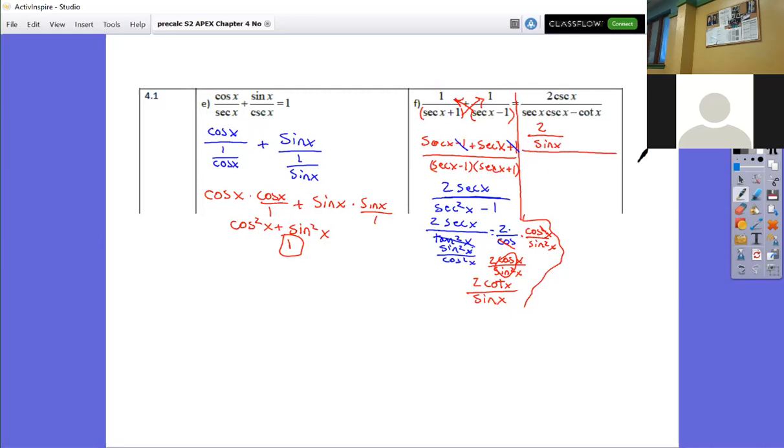Let's change all of these to sines and cosines. So secant of x is 1 over cosine of x times 1 over sine of x minus cosine of x over sine of x.